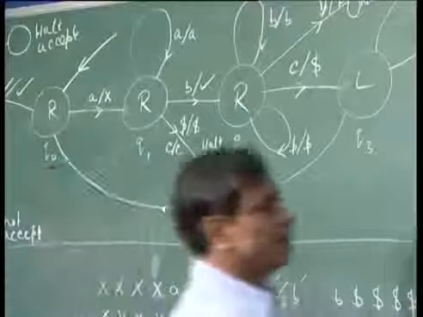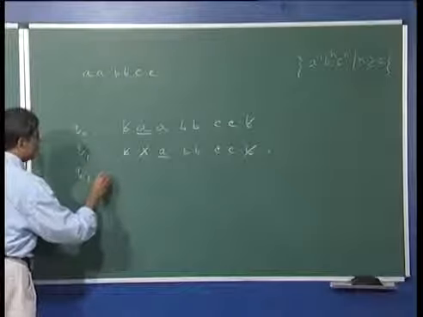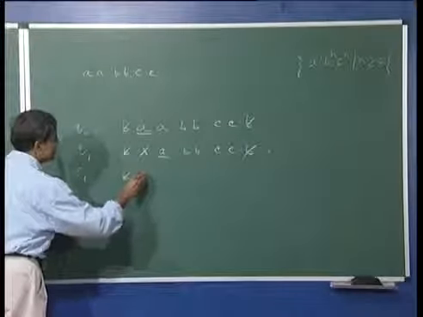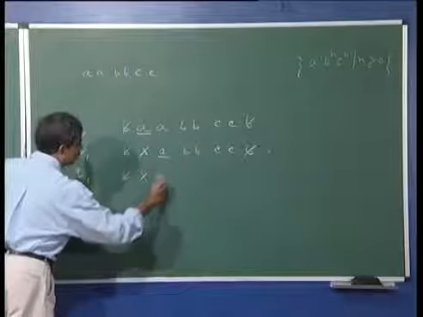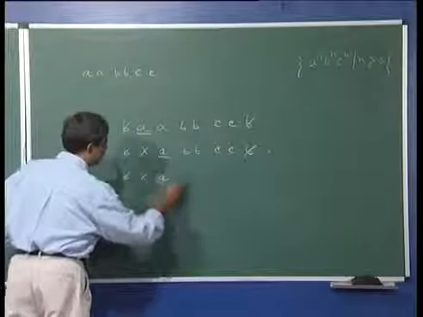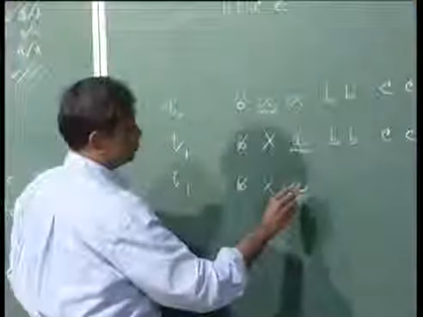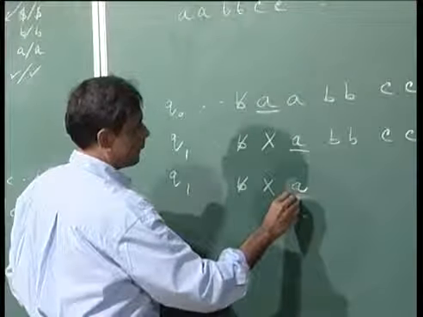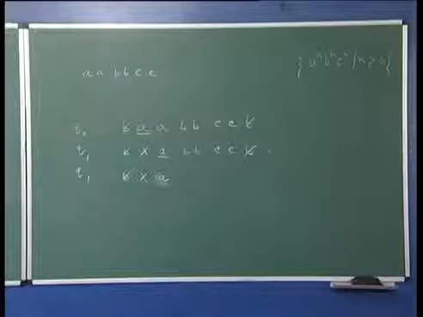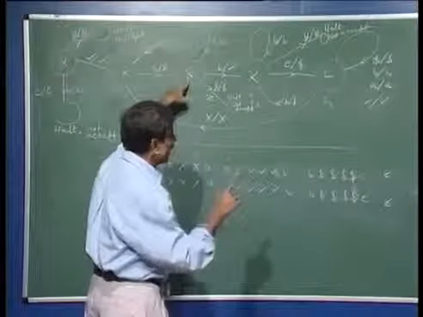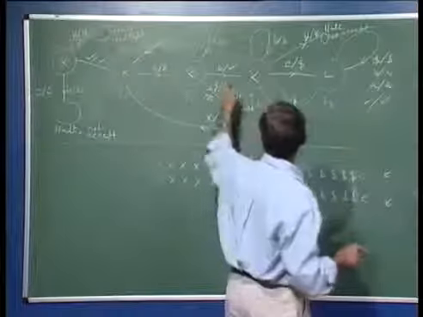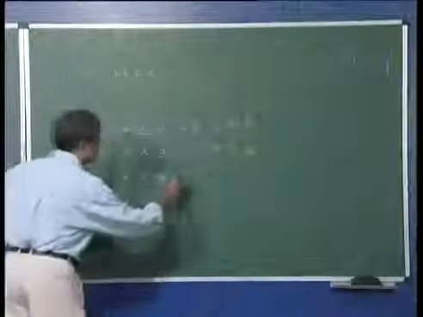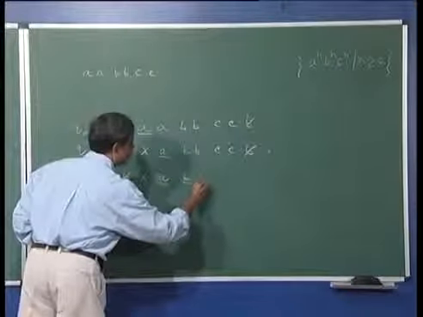So, at the next time instant, it was scanning an A, it will write the same A and move to the right. So, it will now look at this symbol.